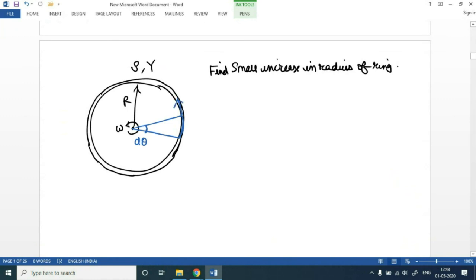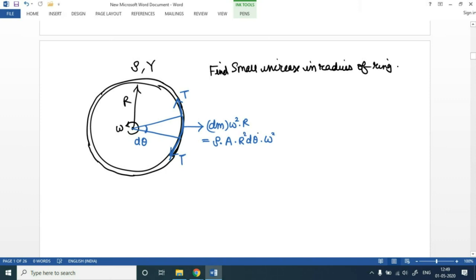This element of the ring will experience tension T from this side and tension T from this side, and since this is undergoing rotation, it will experience a pseudo force that would be away from the center. Its magnitude is going to be dm times omega square times r. And dm is the density rho times the volume, which would be nothing but A dL, where the cross sectional area is A and dL would be nothing but R d theta, multiplied with omega square R.